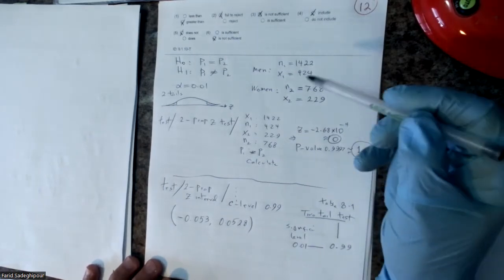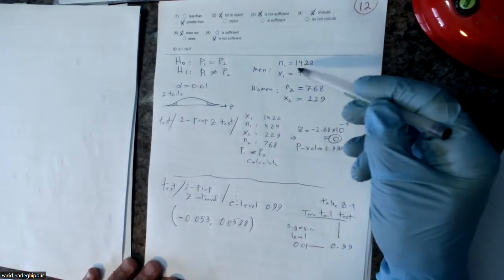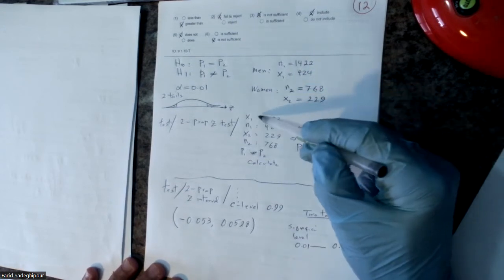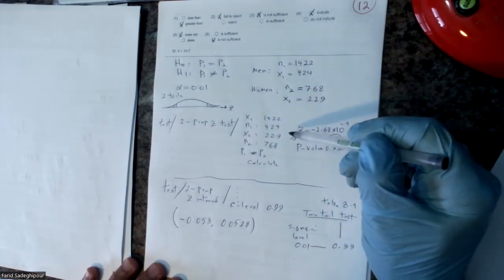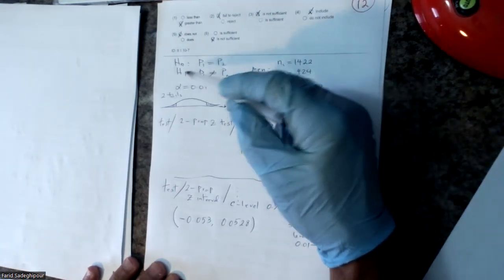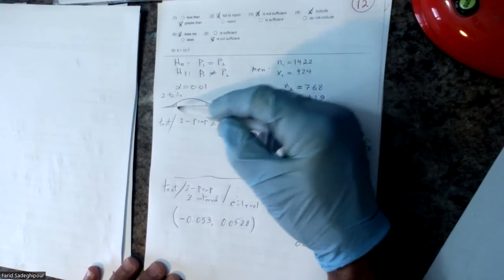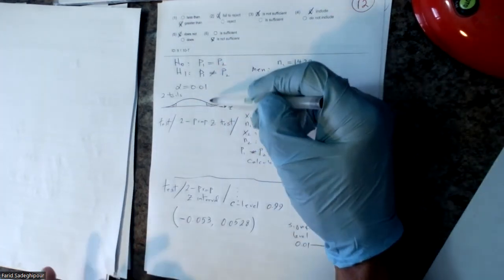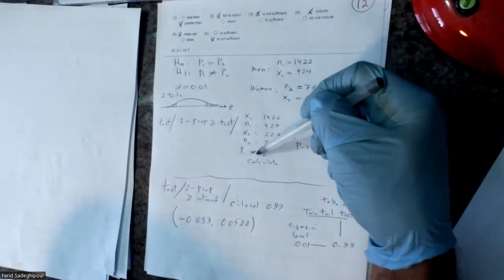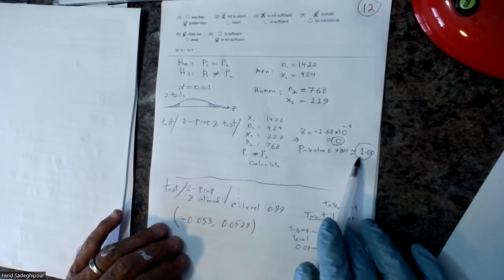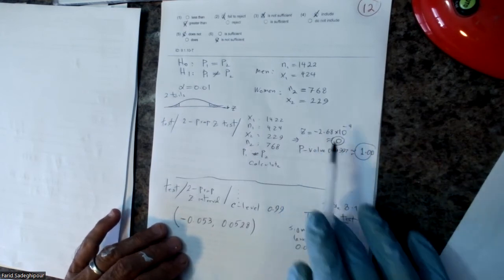Same thing here. Men and women, N1 and X1 are given, N2 and X2 are given. So you input all this information. And H1 is not equal. Remember, H1 would determine the tails. In this case, whether it's equal or not equal, it's always two tails. So P1 is not equal to P2. So the p-value is 1 and Z is almost 0.